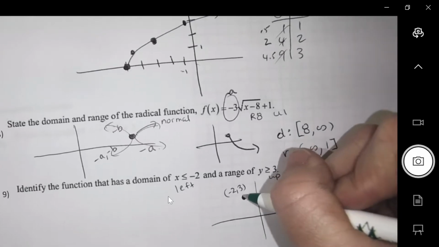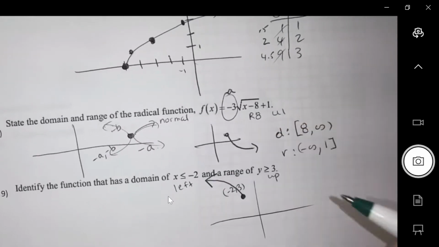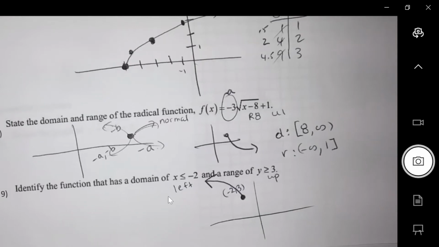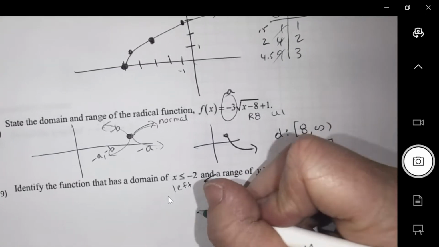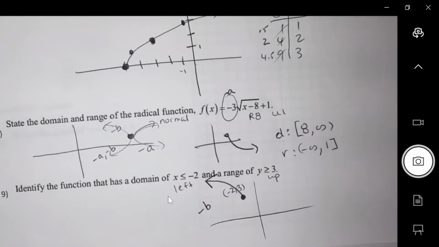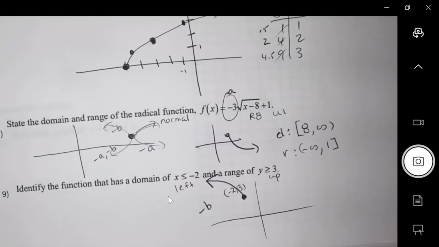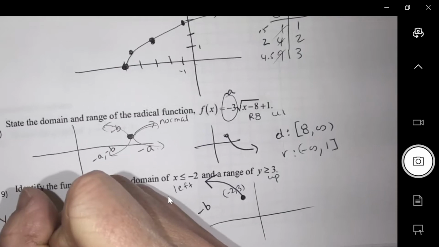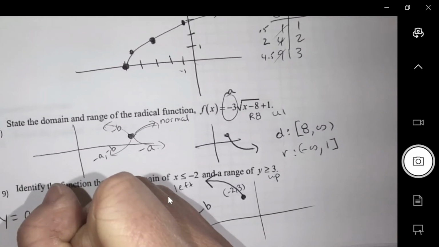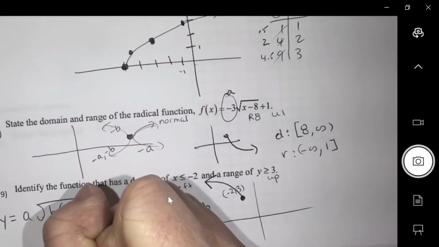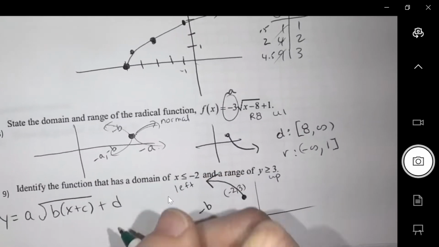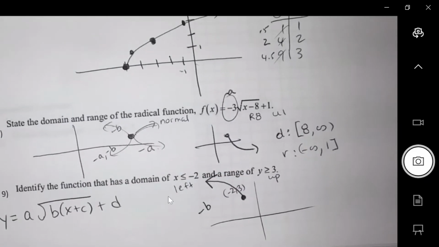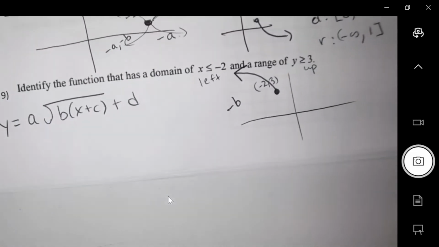Left, up. Okay, which reflection negative is that? A negative on the B. Okay, so I need to write that. I will give you the format. This is the format. Can you write me what you have with your numbers?